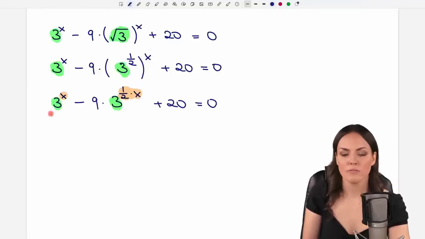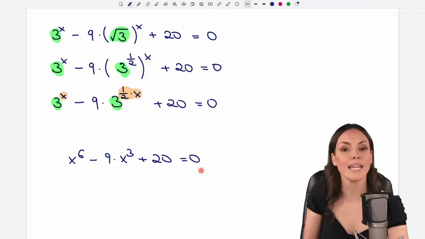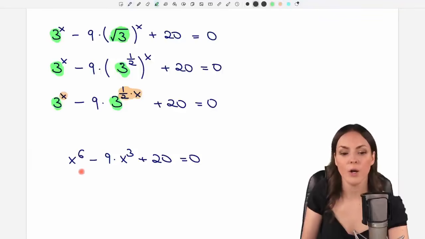So also if your equation would look differently, for example, if you had x to the power of 6 minus 9 times x to the power of 3 plus 20 equals 0. Same thing here. Let's compare it. We have the base x here, base x here, so same bases. Another part where there is no x in there at all.